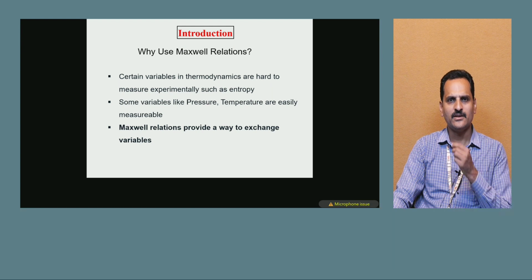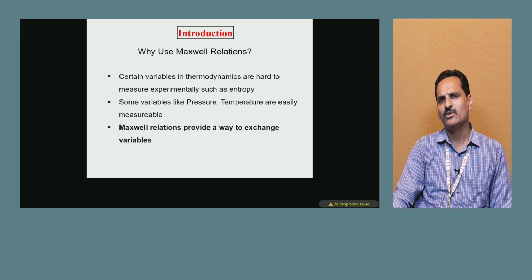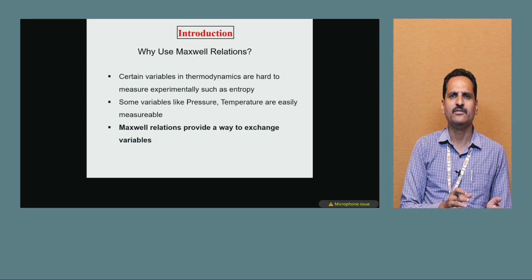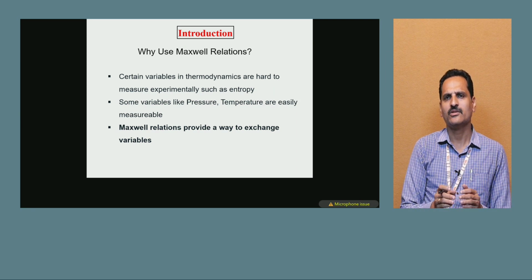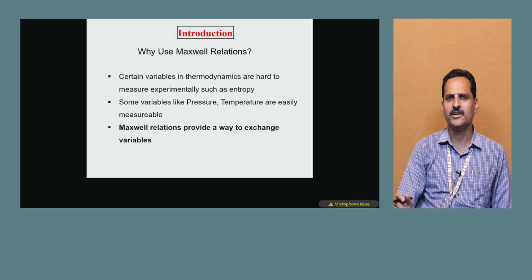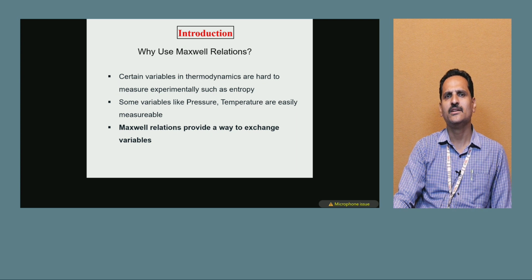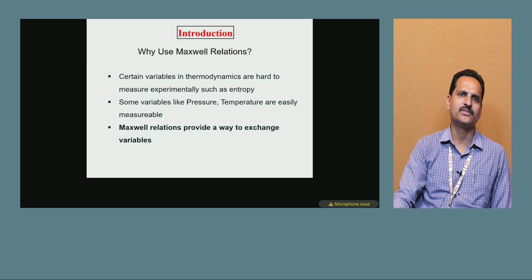These Maxwell relations provide a way to exchange the natural variables into energy variables, like what we discussed in the previous session: fundamental property equations, where reference properties can be transferred into energy properties. Energy properties can be converted into partial differential forms of the equations.